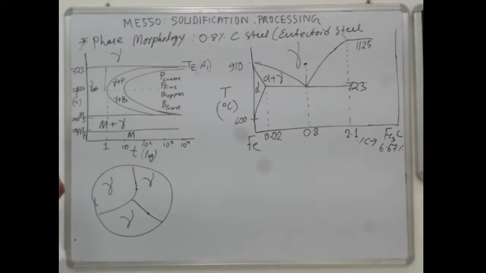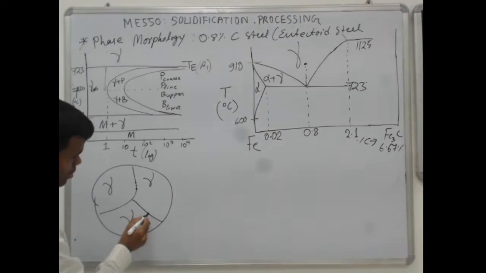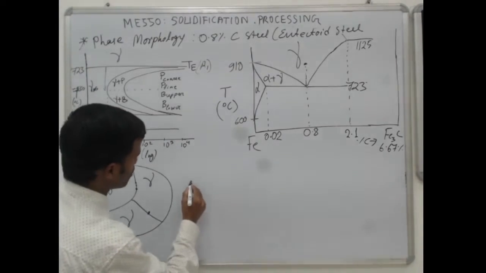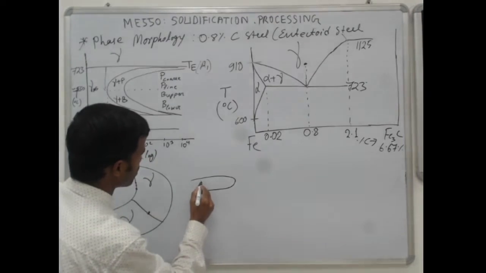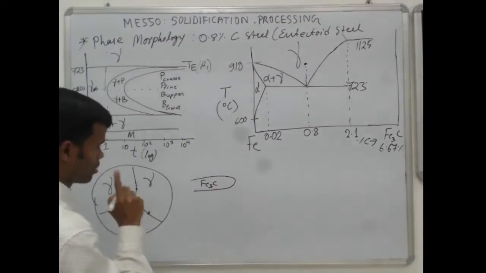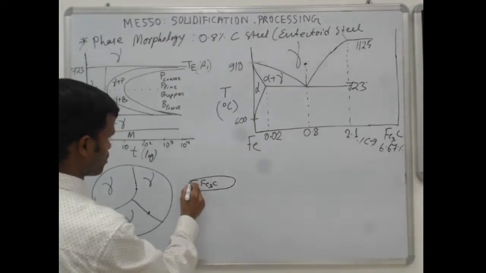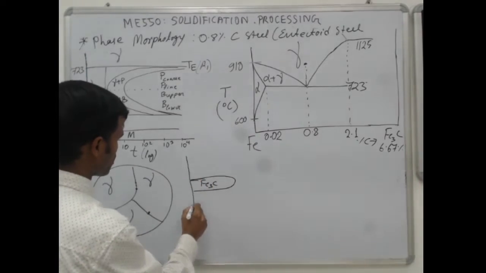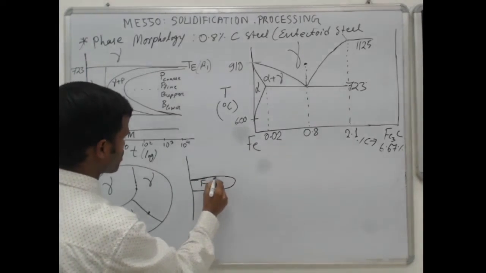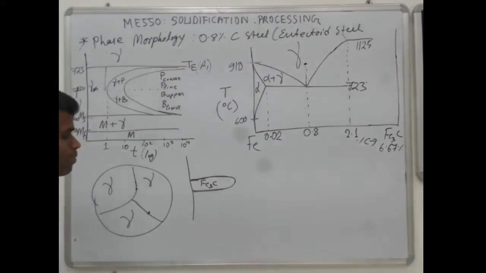Now once it is nucleated, what will happen to the Fe3C? Generally they try to grow in some particular direction, inside the crystal. Suppose this is one Fe3C, this is the grain boundary, this is the cementite particle nucleated.